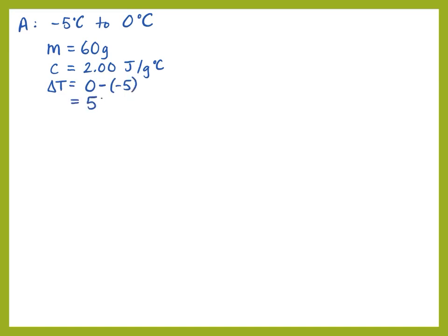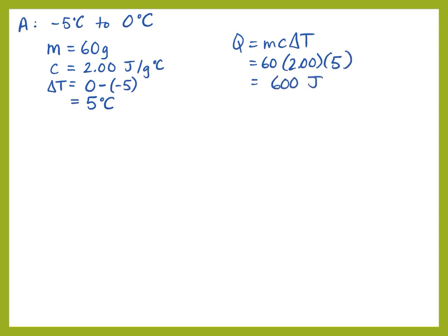So we had an increase of 5 degrees Celsius. So the amount of energy to increase 60 grams of ice from -5 degrees Celsius to 0 degrees Celsius, plugging that in, I get 600 joules. I'm going to convert that to kilojoules by dividing by 1,000, so 0.6 kilojoules for section A.